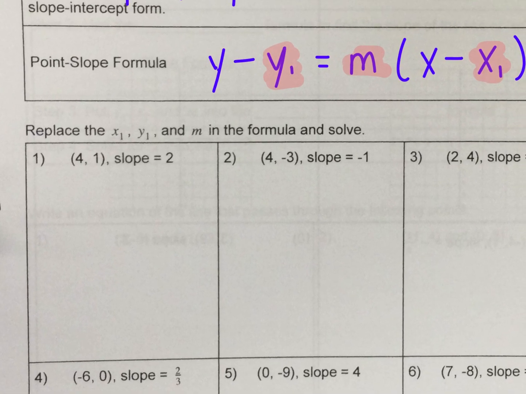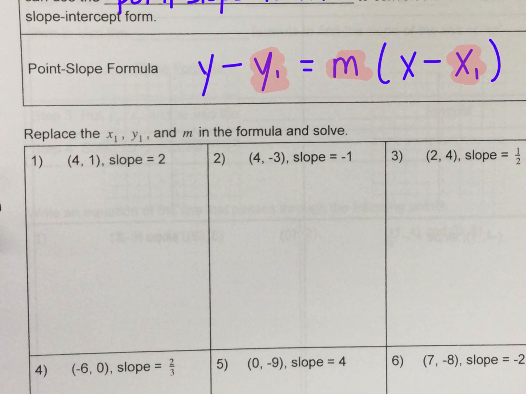So the first thing I'm going to do is label the parts. I've got an x1 and a y1 because we know x and y, and that's slope, m. So my formula, y minus y1 equals m times (x minus x1). Okay, so the y1 is the first thing in red, so I'm going to erase that, and the y1 right here is a 1.